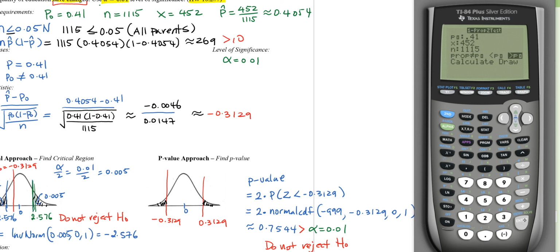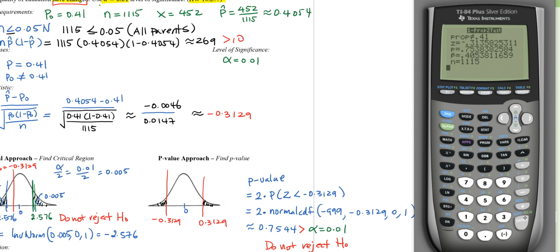Now p0 is prior information, 0.41. And my x here is 452. My sample size is 1,115, and I'm doing a 2-tail test. Okay, I'm going to press enter, and then calculate.